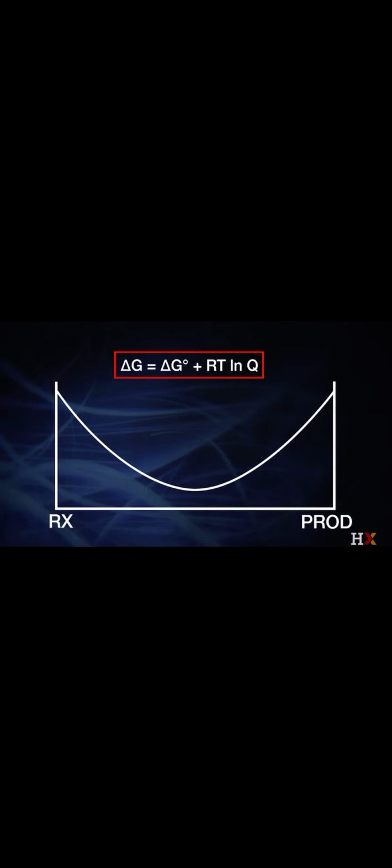So let's just review this to emphasize how much progress we've made. We now have derived this expression with which we can calculate delta G under any conditions. That is, I can take the Gibbs free energy surface from reactants to products, and I can sketch it out for whatever the shape is, but I can calculate that delta G at every single point along this connection between reactants and products.